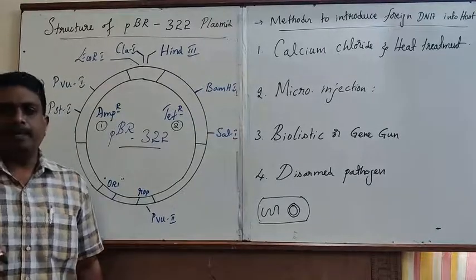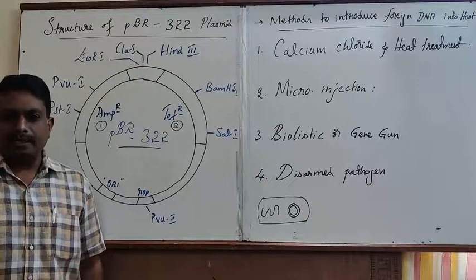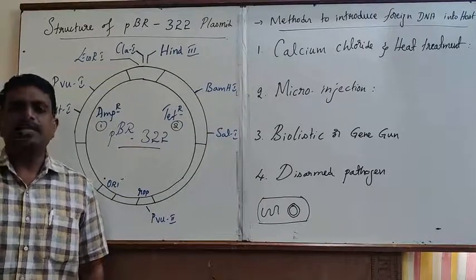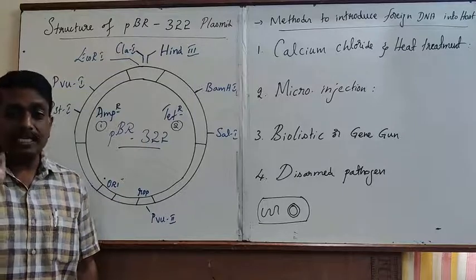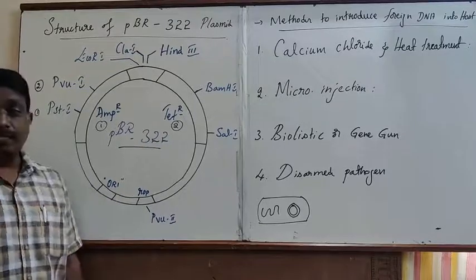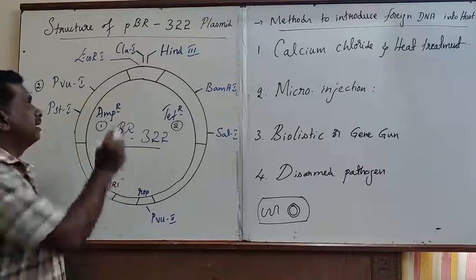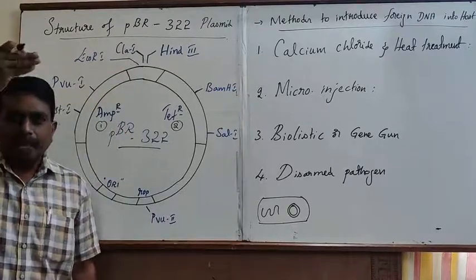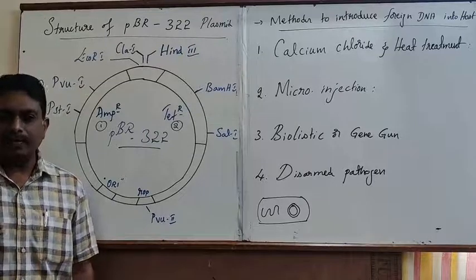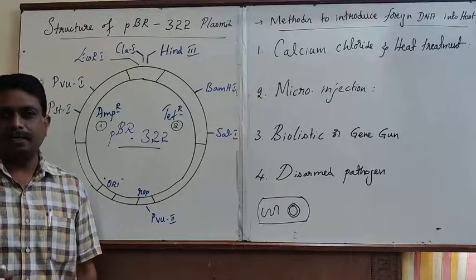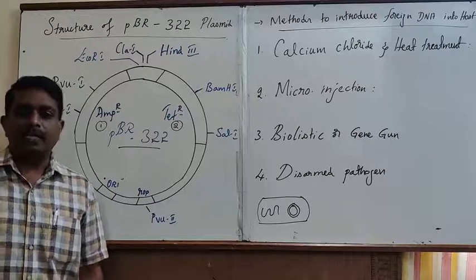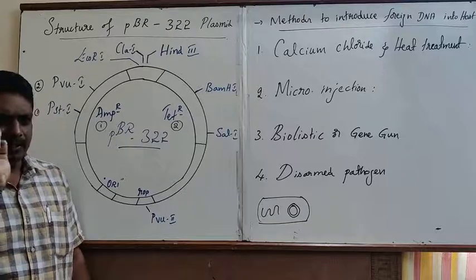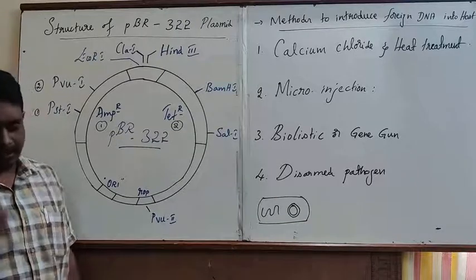In that particular position, the enzyme EcoRI will act, and the foreign gene is to be inserted. Particularly in this region, the plasmid is subjected to cut. In that cut region, the foreign gene is to be inserted very precisely.